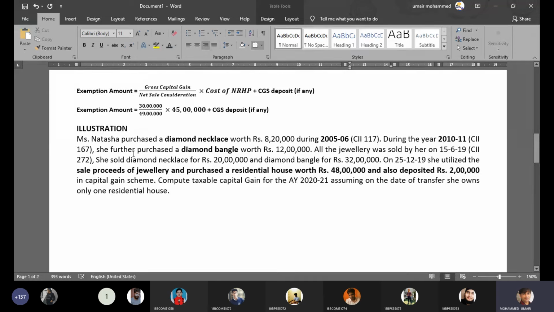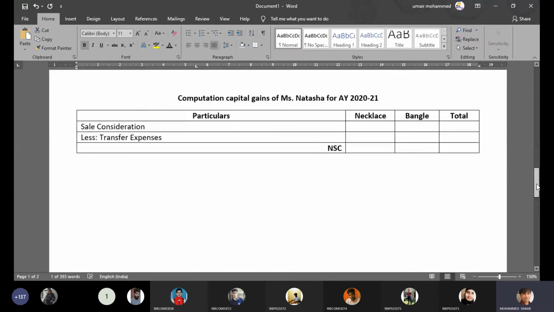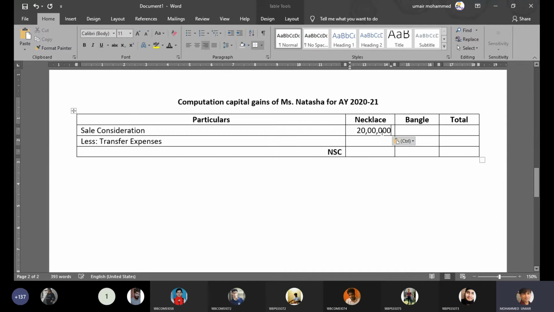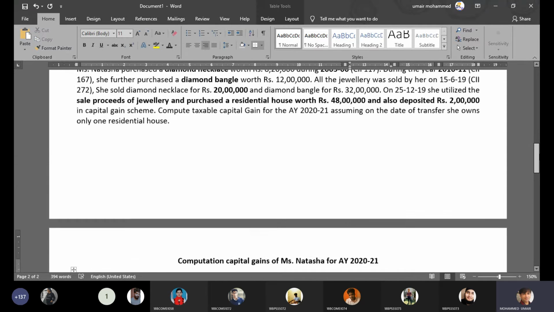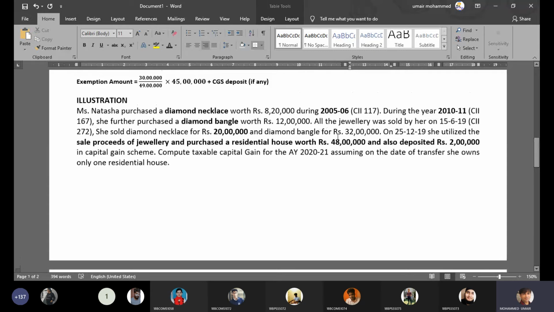So what is the sale consideration of the necklace? She sold the diamond necklace for 20 lakhs. The diamond bangle is sold for 32 lakhs.